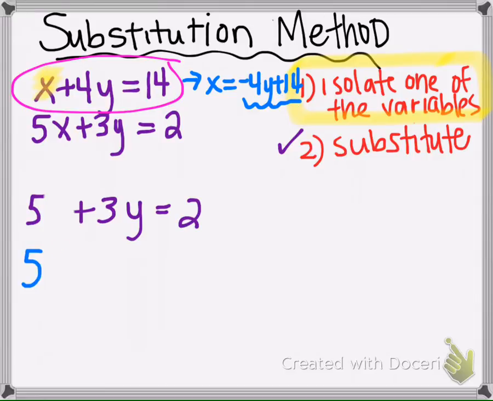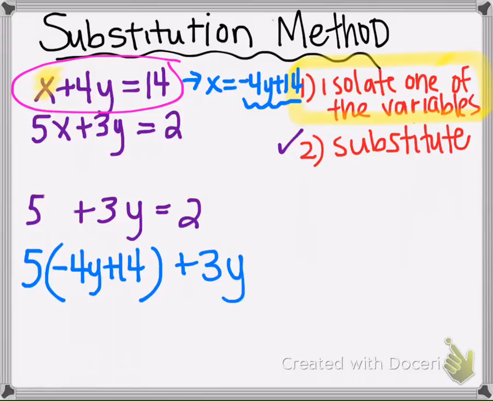So instead of x, I'm going to plug in -4y plus 14. The rest of the equation stays the same. So I just took this x right here out and plugged in what we got over here.